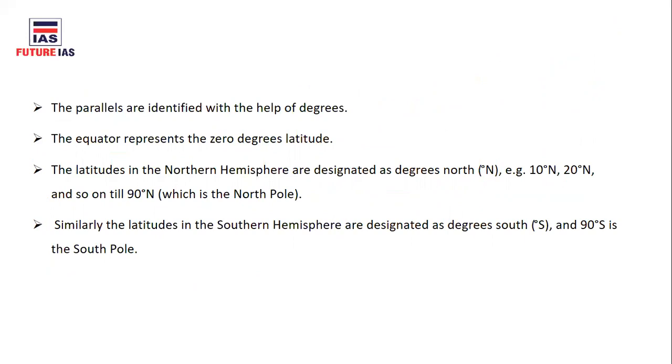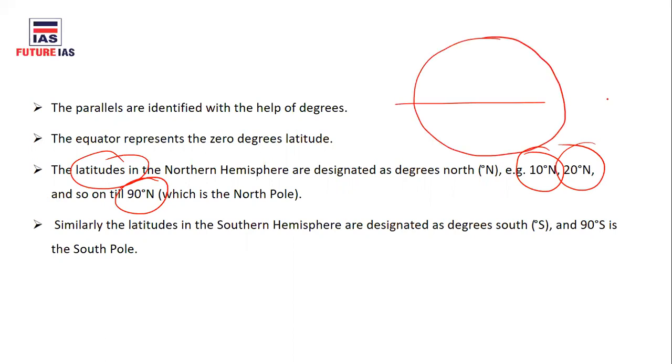We can also divide the earth into the eastern hemisphere and the western hemisphere based on the prime meridian. And we can say these latitudes are 10 degree north, 20 degree north, and so on till 90 degree north. If I make a diagram, it will look like this. This is 0 degree, this is 10 degree north, this is 20 degree north, this is 30 degree north, and it goes up to 90 degree north.